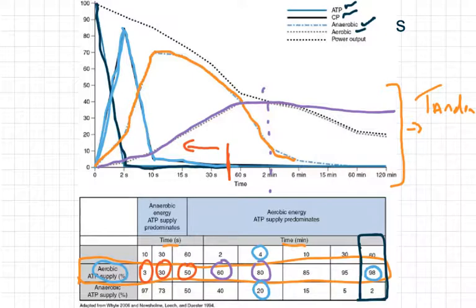However, we still have a little bit being produced by the anaerobic pathways. So, and this is what we're saying, is they're still working in tandem, but it is still guided by intensity versus duration.